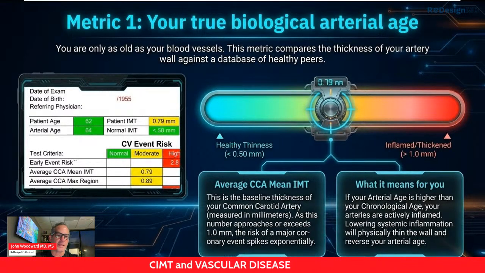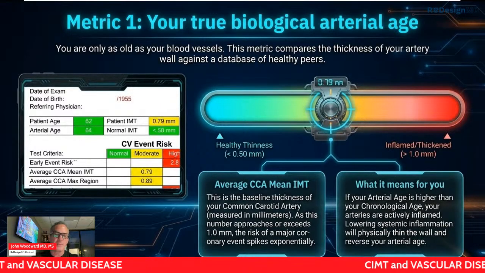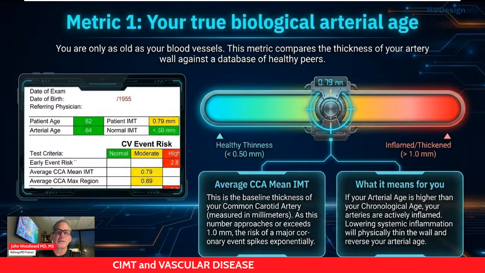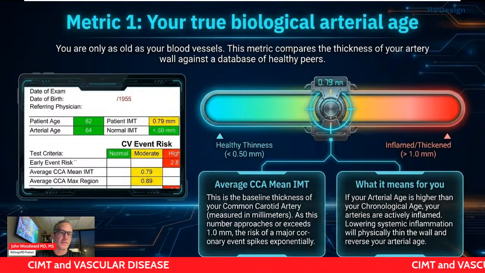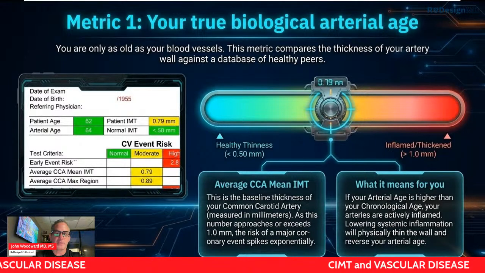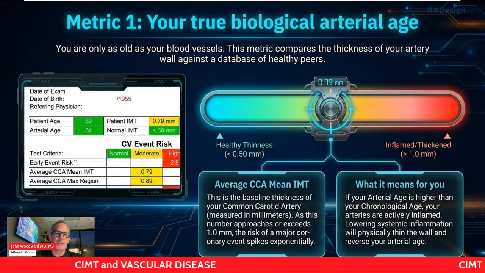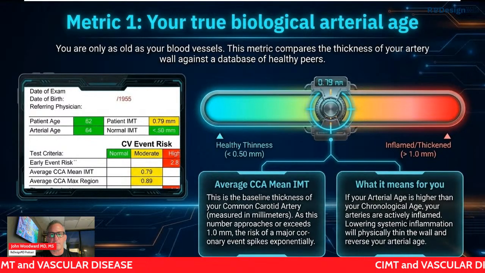That correlates with someone who's 64 years of age. If you look down at the bottom of your test, you'll see that plotted out there. The higher the thickness, the more inflamed, the thicker the artery is. So if your arterial age is higher than your chronological age, your arteries are actively inflamed. So what strategies do we need to employ to lower your inflammation?